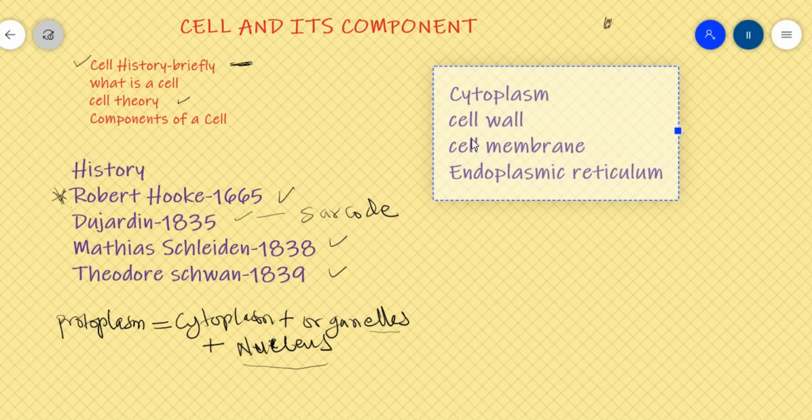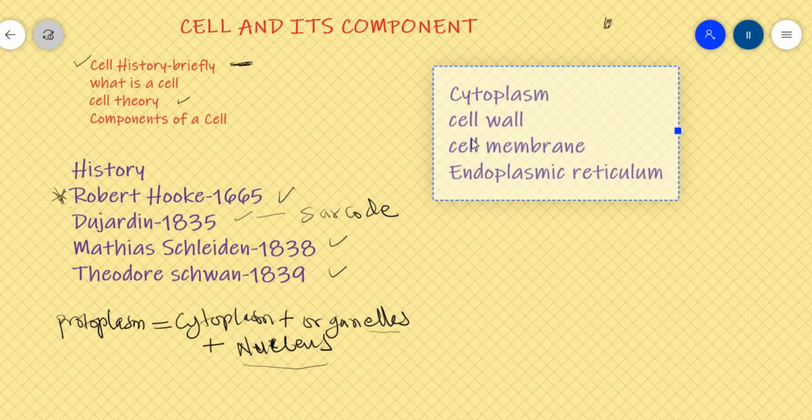It is believed that the organelles are interconnected by the endoplasmic reticulum. There are two types: the smooth and the rough endoplasmic reticulum. If ribosomes are attached to it, it is called the rough endoplasmic reticulum. And if no ribosomes are attached, it is called the smooth endoplasmic reticulum.